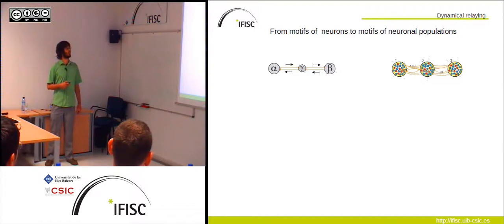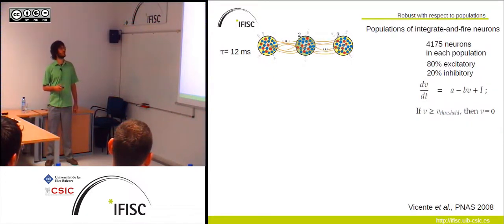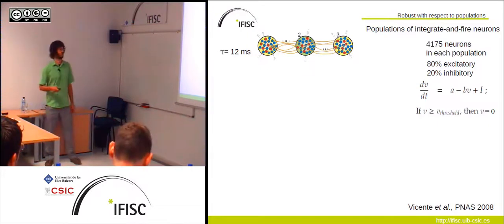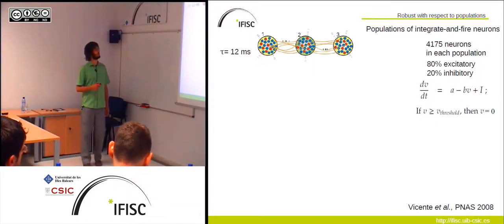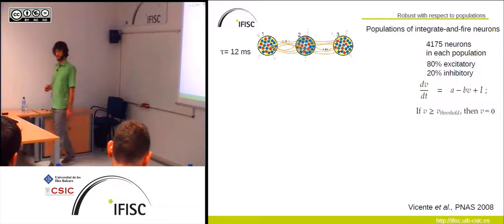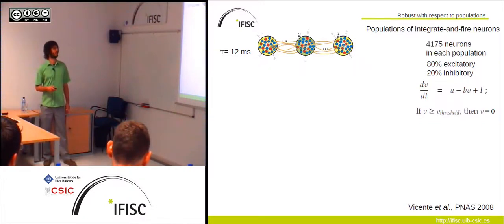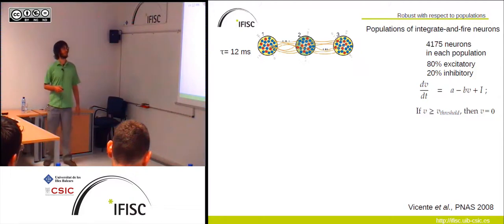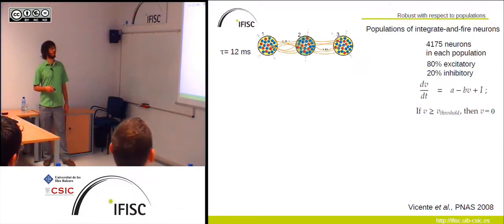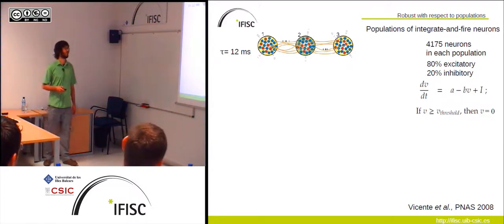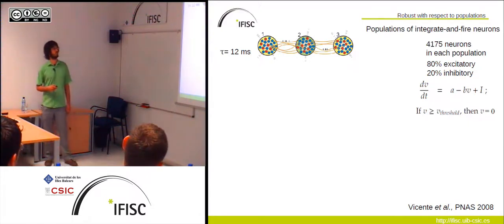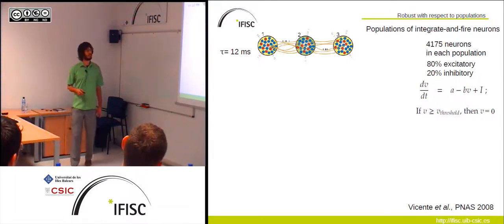And we would like to extend this from motifs of neurons to motifs of populations of neurons. We consider thousands of neurons in each population, and we use the standard recipe in which 80% of the neurons are excitatory and 20% are inhibitory. For the dynamics of each node, we consider a much simpler model, almost the simplest model one can use, which is the integrate-and-fire model.